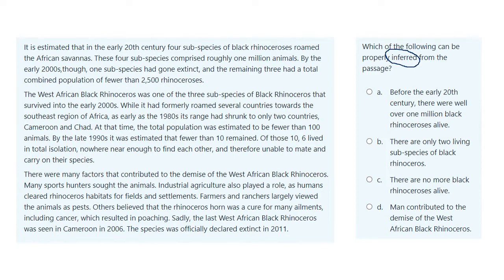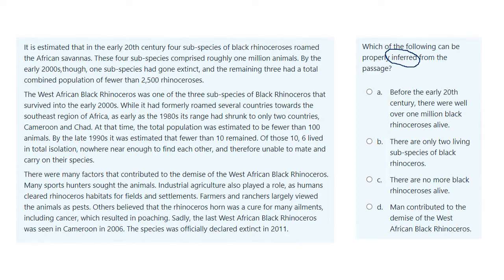B, there are only 2 living subspecies of black rhinoceros. C, there are no more black rhinoceroses alive. D, man contributed to the demise of the West African black rhinoceros. Let's look at the passage.